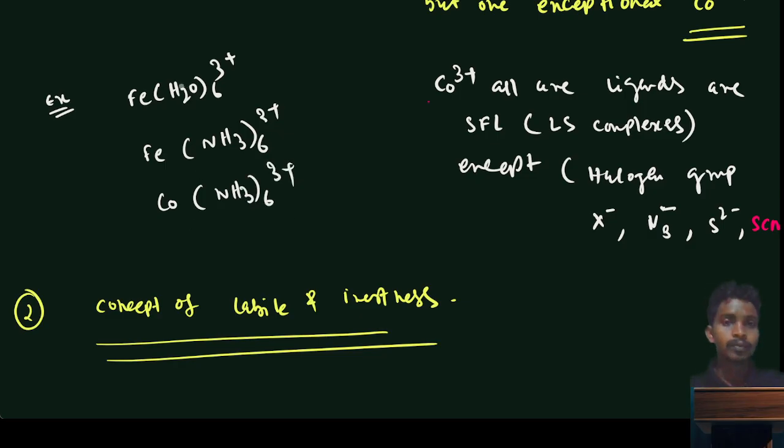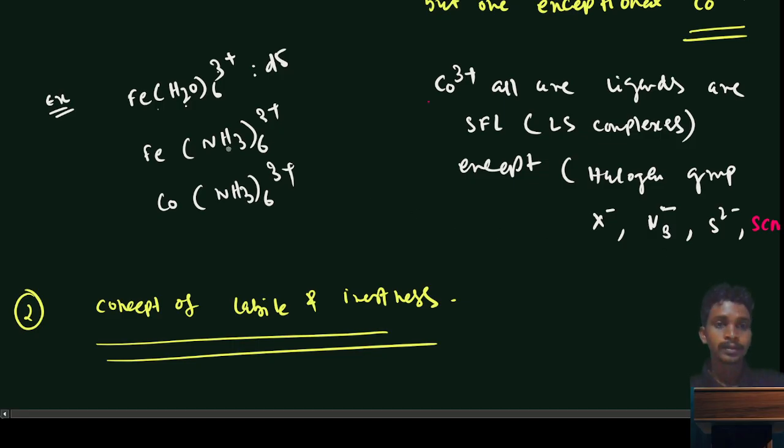So here what is the CFSE? This is Fe 3 plus, so this is d5. Here it is water and this is 3. So we see that for plus 3 oxidation states, still water, that is weak field ligands.